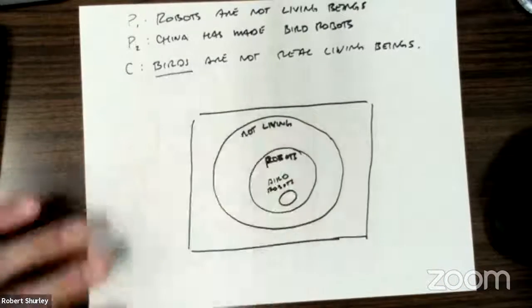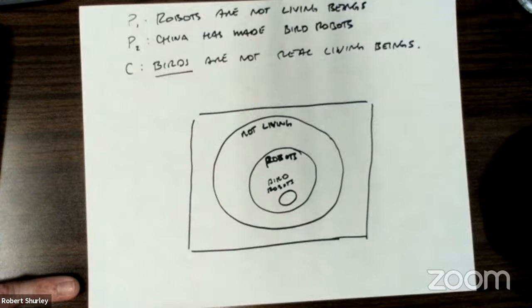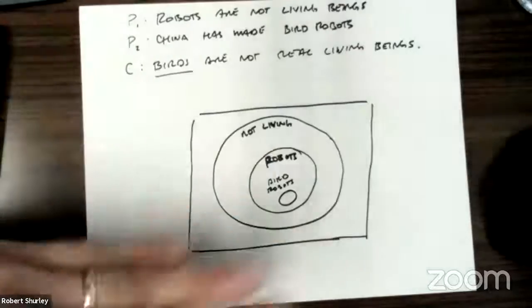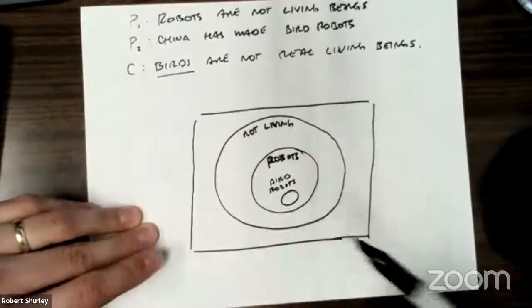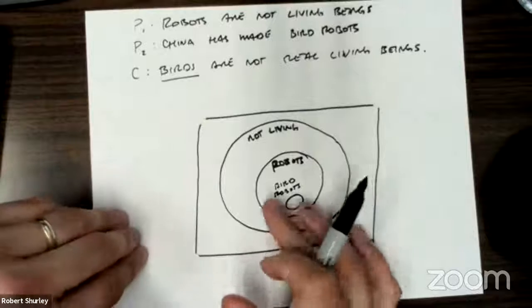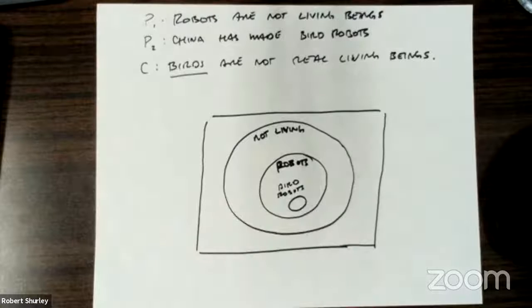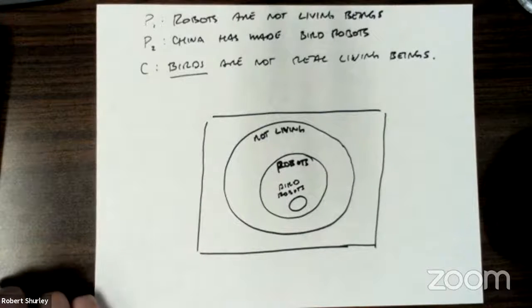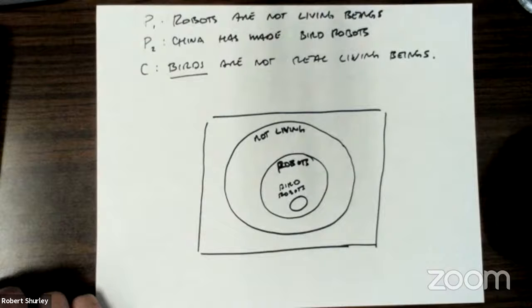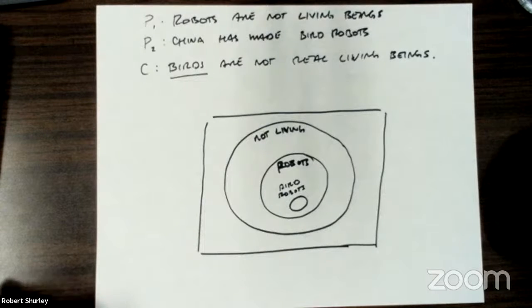This is a horrible example. I just wanted to bring up the fact that birds are real and that this just isn't a good example. So let's just throw this away. If I can think of how to make that a good example, I will. But that's what I get for thinking off the top of my head. It's just not a good one for the example we're going over. It might work later on, but not for this one.